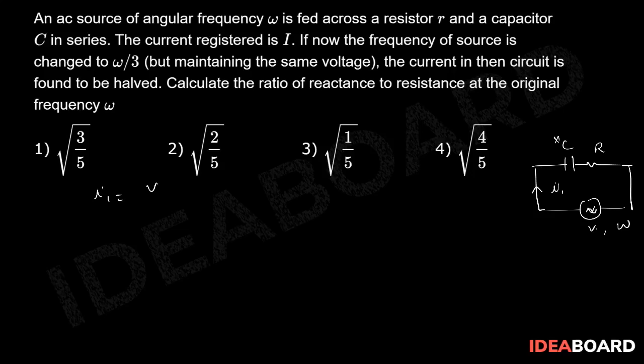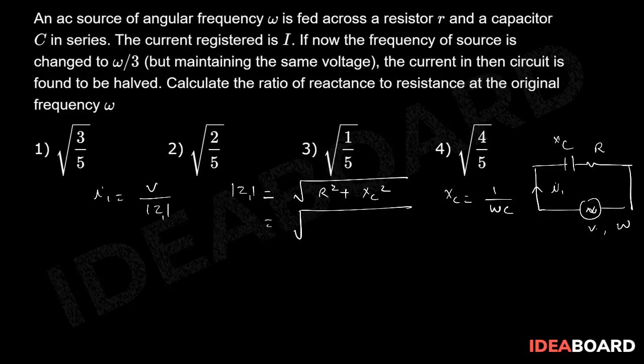So we know that I1 will be V upon mod Z, the impedance in the circuit. So mod Z1 would be under root R square plus XC square, and we know that XC is going to be 1 upon omega C. So if you substitute the values, this will be under root of r square plus 1 upon omega C whole square.